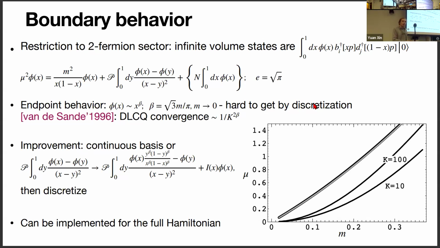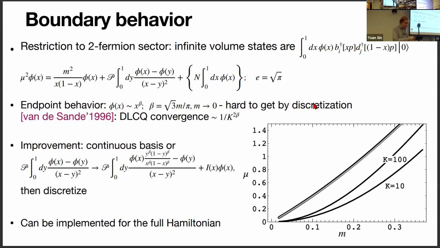One way to improve that is to use some basis of continuous functions that incorporate this kind of behavior, as was done for lightcone conformal truncation, for example. But Van de Sande also proposed to modify the Hamiltonian by modifying this principal value term and then discretizing.